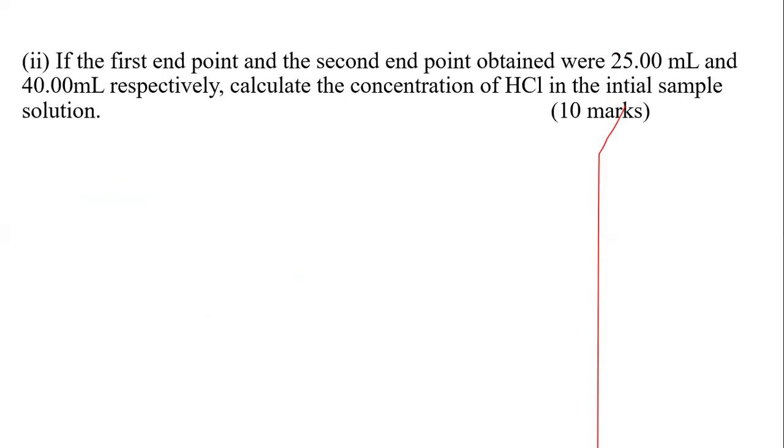If the first endpoint and the second endpoint obtained by 25 and 40, calculate the concentration of HCl in the initial sample. Were you able to calculate? Yes, madam. Okay. Now, first endpoint is what? 25. That is for H plus given by HCl plus the first dissociation. And 40 is for all.